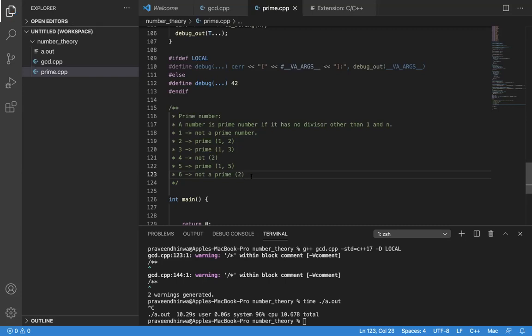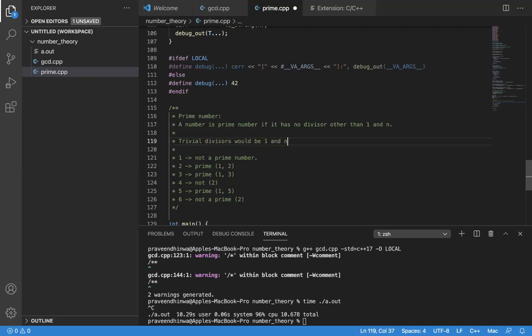These divisors are called non-trivial divisors. For a number, the trivial divisors are 1 and the number itself. For example, for 6, the number 2 is a non-trivial divisor. If a number has a non-trivial divisor, then it will not be a prime number.